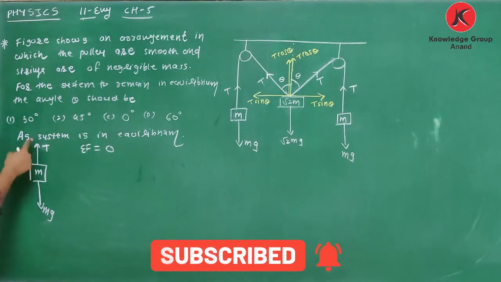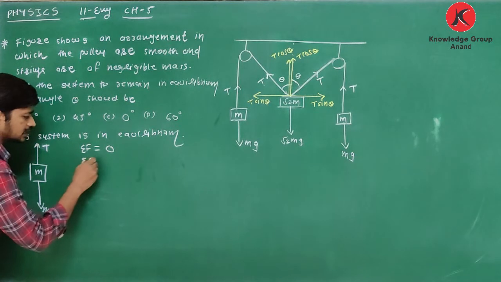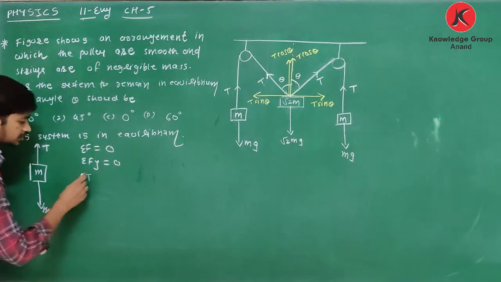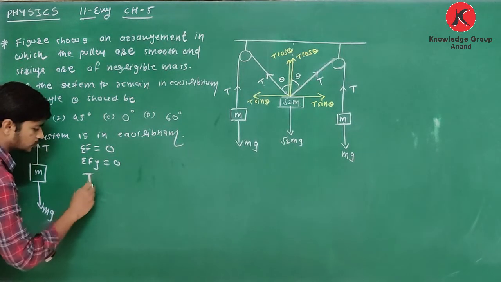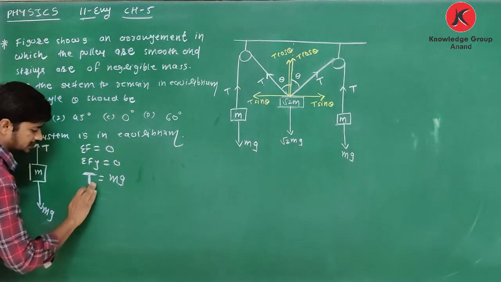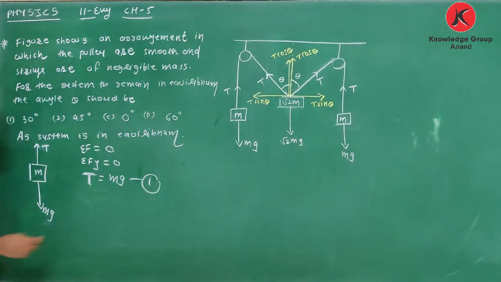There is only vertical direction, so we can write sigma Fy is equal to 0, which means T is equal to mg. Equation number 1: T is equal to mg. Any doubt? Okay.